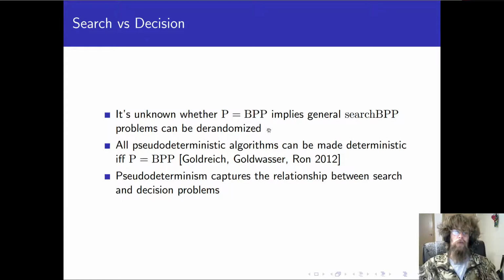It's not known either way. But de-randomizing BPP is equivalent to making all pseudo-deterministic algorithms deterministic. And one thing I should mention is that decision problems are trivially pseudo-deterministic. So pseudo-determinism connects search to decision problems in this way.